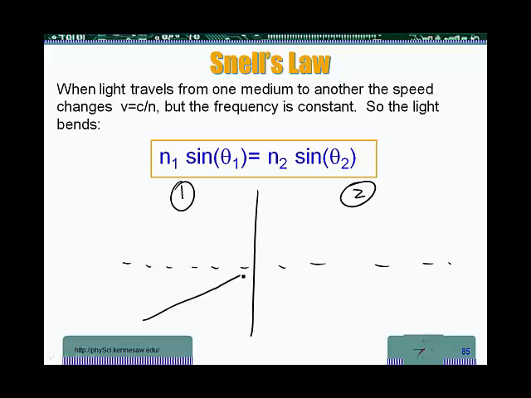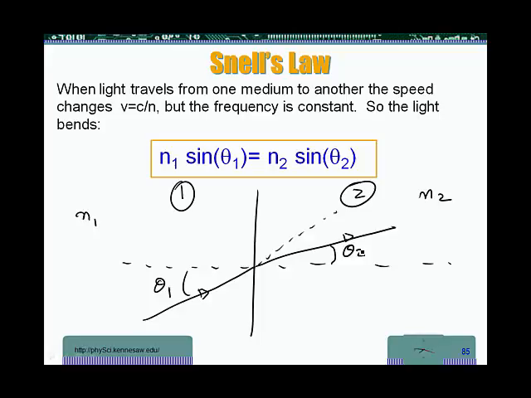So if I have a light beam coming in and making an angle of incidence theta 1 relative to the perpendicular to the interface, if medium 1 has an index of refraction n1 and medium 2 has an index of refraction n2, then light, instead of moving in a straight line, is going to bend, is going to refract and travel in the second medium at an angle of theta sub 2 relative to the perpendicular again to the interface.